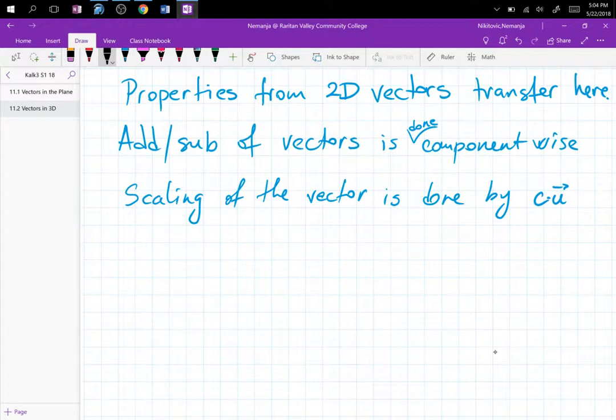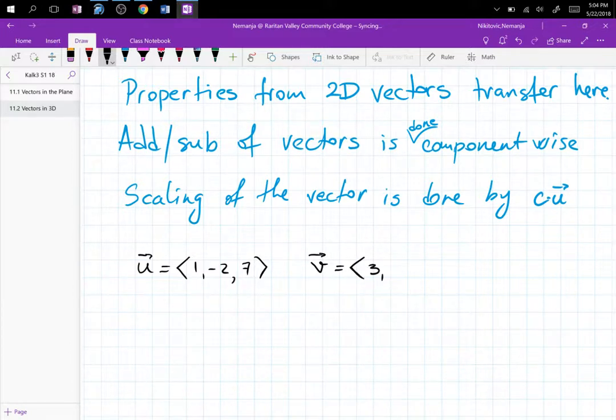So now let's quickly define u as 1, negative 2, and 7, and vector v as 3, 3, and negative 5. And let's figure out what 2u minus v is equal to.